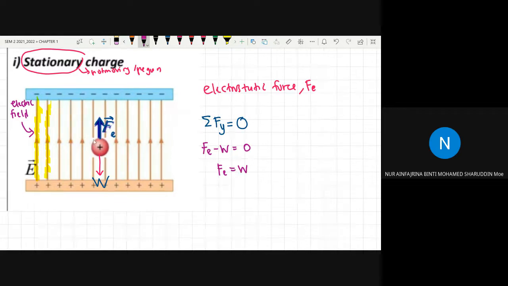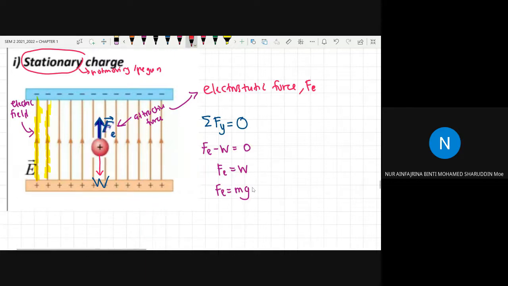Electrostatic force dekat sini adalah attractive force, sebab positif ini dia akan attract kepada negatif. Kalau negatif-negatif dia akan jadi repulsive force. So, jadi kat sini akan jadi Fe equals to mg.